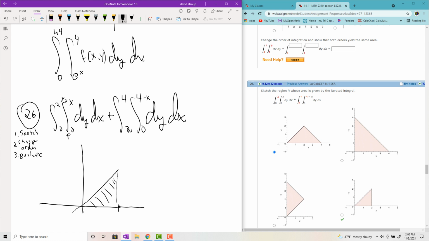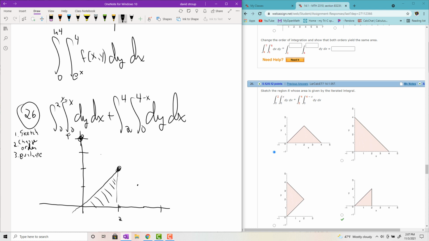And then the next integral goes from 2 to 4 on the x-axis, but the curves y equals 0 is the x-axis to y equals 4 minus x. Okay, so if this is 2, this point right here will be 2, 2. And then 4 minus x has y-intercept at 4, and that goes down 1 over 1, right?